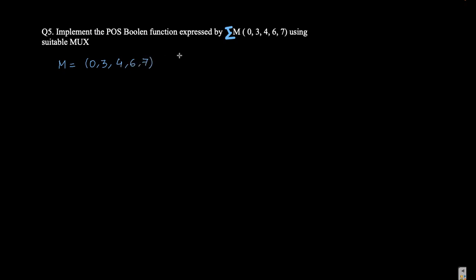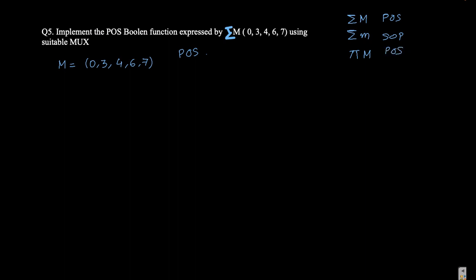This is nothing but the max term. Max term means this is in the form of POS form. Capital M stands for max term, and small m may be denoted min term. So this is SOP, and this is POS.